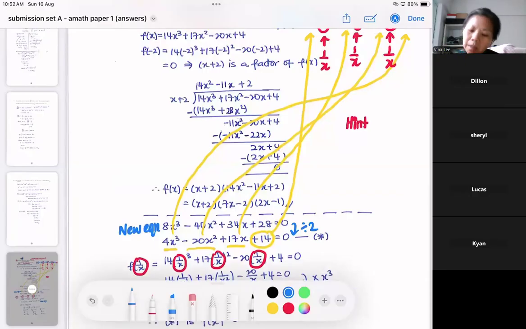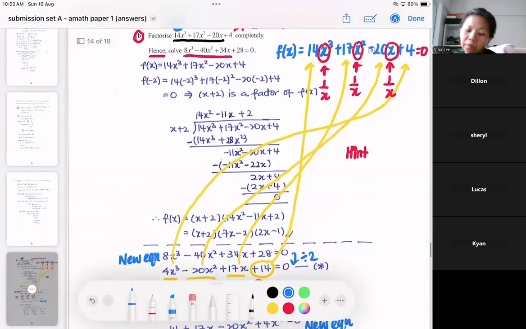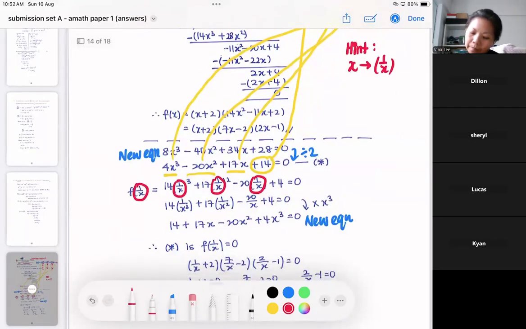So sometimes you will see this in other prelim papers. When you divide the new equation by 2, the numbers are related in this way. So the hint will be the original x is changed to 1 over x. I tried it out and it works.